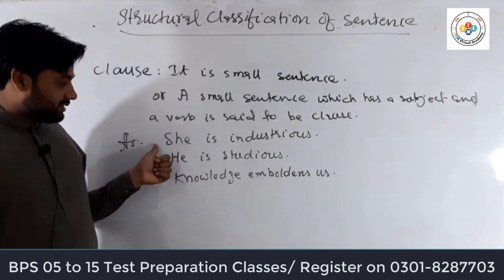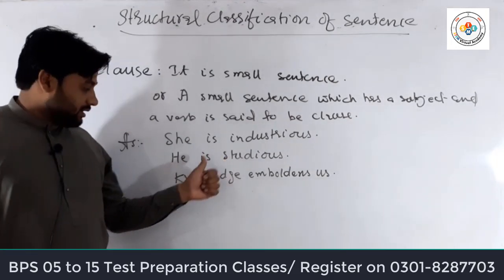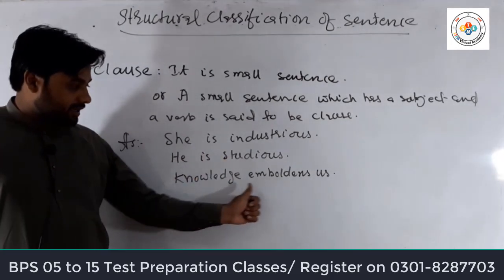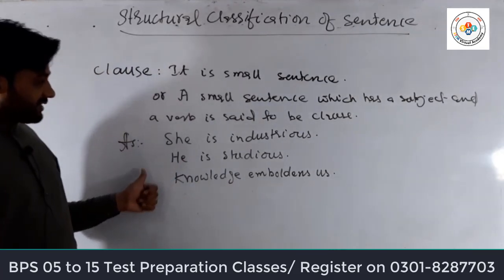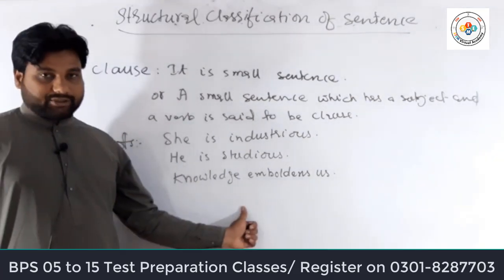There is one subject and there is one verb. Like this, there is one subject and also one verb. Knowledge emboldens us. Such types of sentences are said to be clauses.